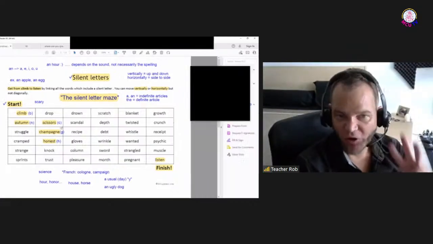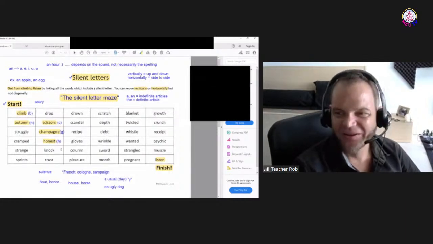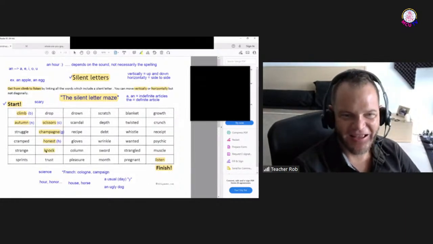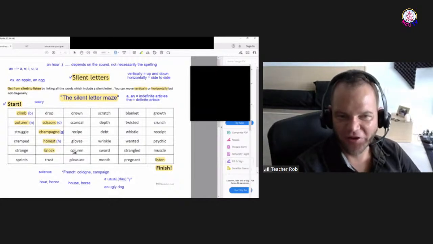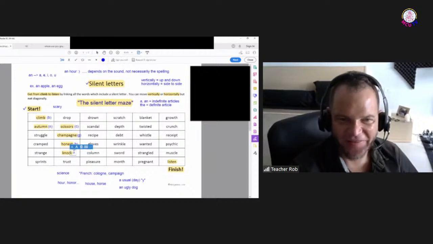Now we have three more choices, and they are cramped, knock... It is knock. Exactly. What we do not hear is the K. Otherwise it would sound like "Canuck" or something like that. But we do not hear that K at the beginning.